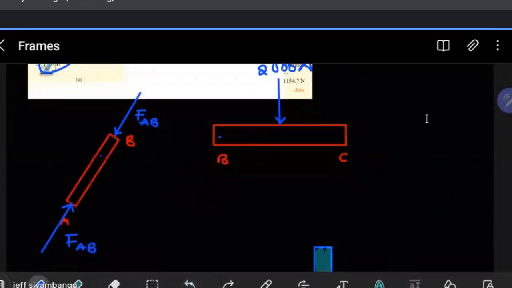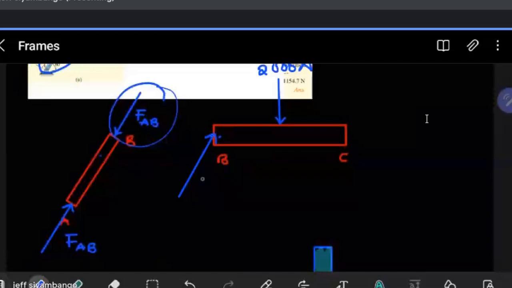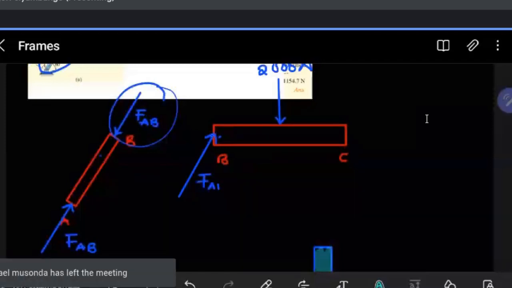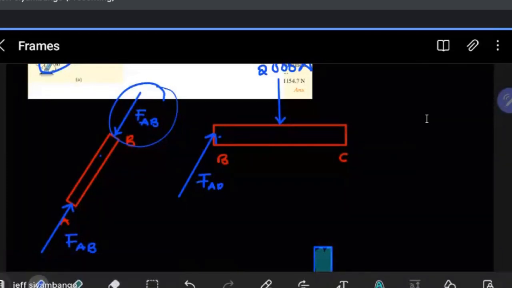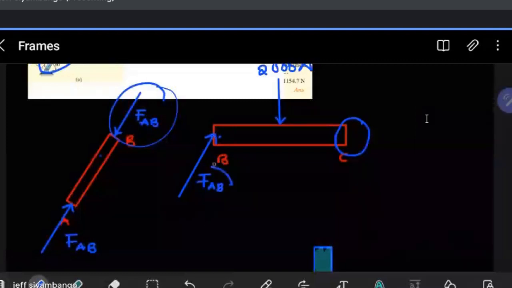So for the member BC, it will experience this same force AB, but now this force will just be in the opposite direction, but it has to be in the same axis as this one. So this becomes FAB as well. These are just magnitudes. So once that is done, then we move on to the next part. If you think about it, it's breaking this force AB that actually creates the components that will be acting at that particular point. So let's go to the joint C.